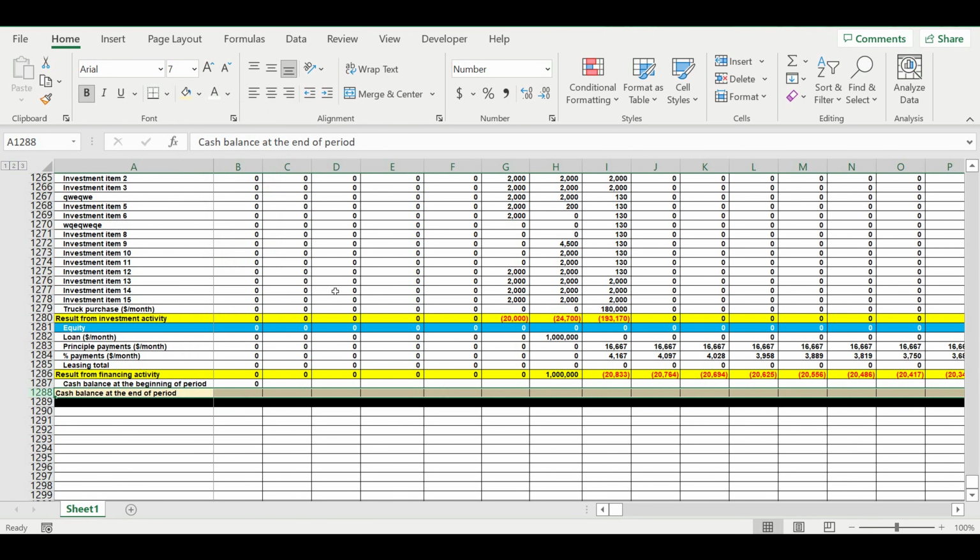How do we calculate cash balance at the end of the period? We take the result from operating activity plus the result from investment activity plus the result from financing activity plus cash balance at the beginning of the period. Then we put this value here, put the formula to the right, and extrapolate this formula to the whole of our timeline.